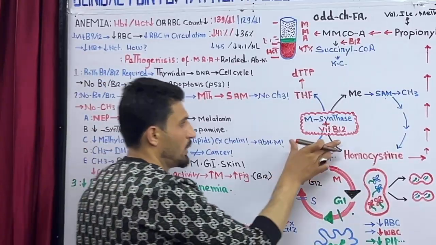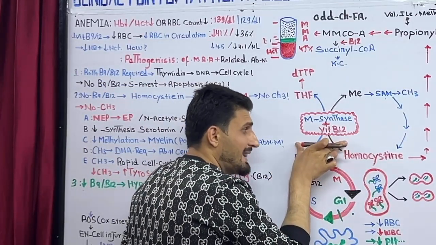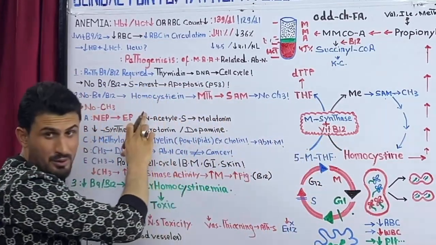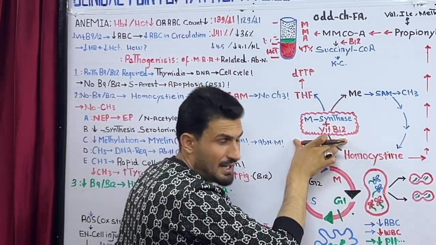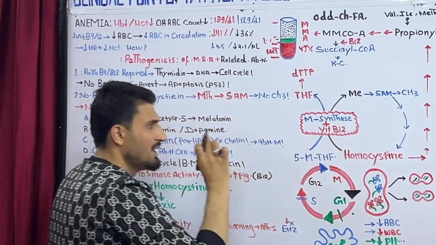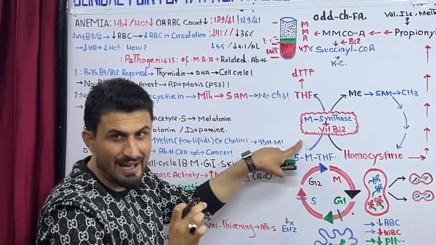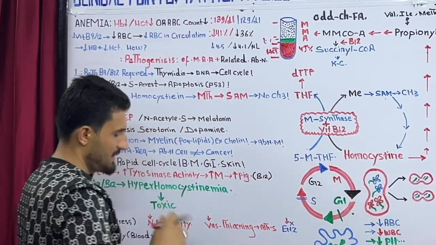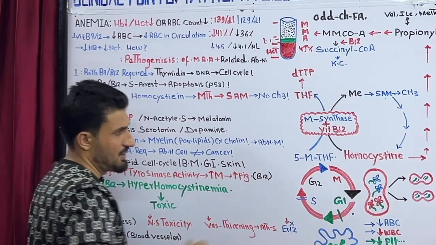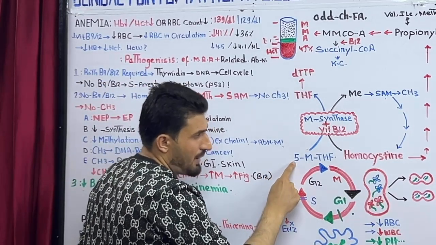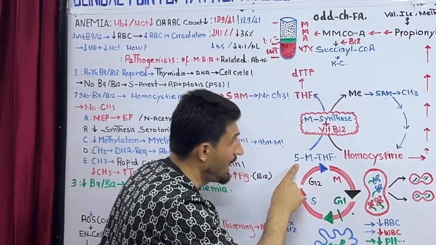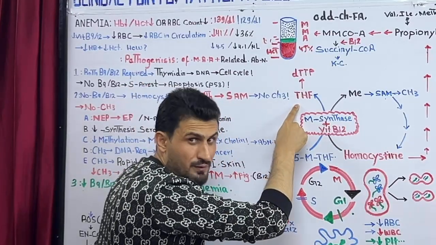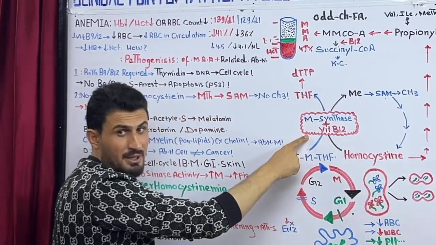Now this is a very important part, because I want to link it with pathogenesis and pathophysiology, and this is from the previous lecture. So let me repeat it shortly and quickly. First, we discussed that to change 5-methyl tetrahydrofolate, a form of vitamin B9, to tetrahydrofolate, we need vitamin B12.